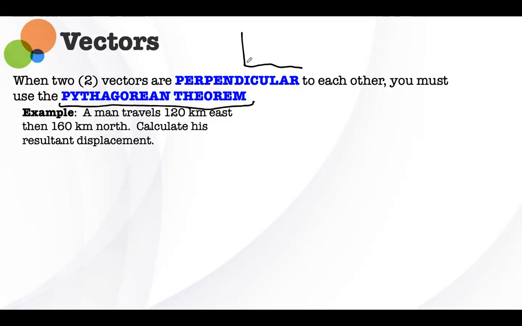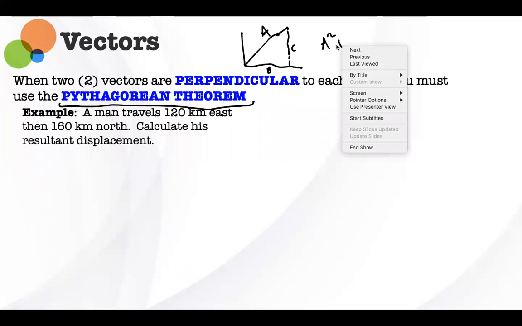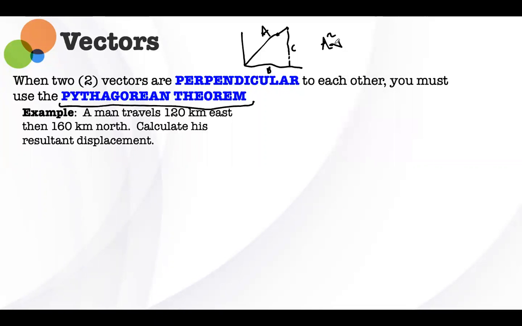All right. Essentially, if you want to find this distance here, and let's say this is A, this is B, and this is C, A squared plus B squared equals C squared.